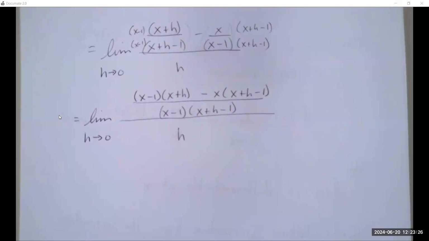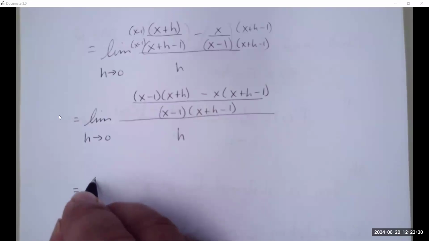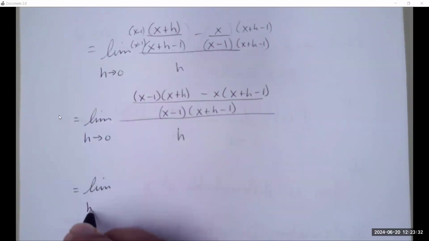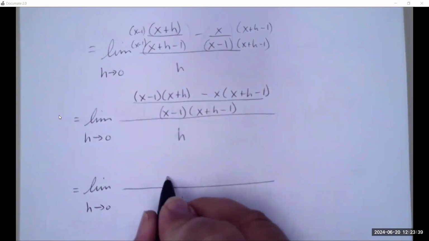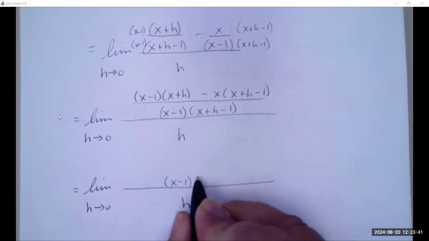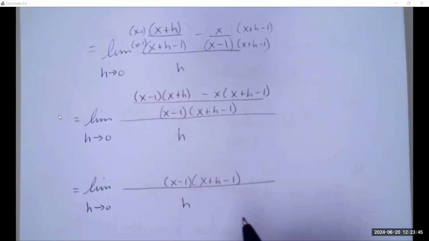Okay, good. Limit as h approaches 0. On the bottom, we have x minus 1, x plus h minus 1.